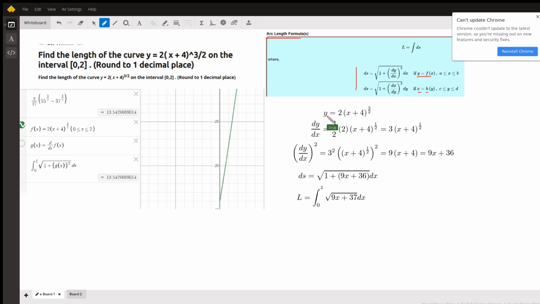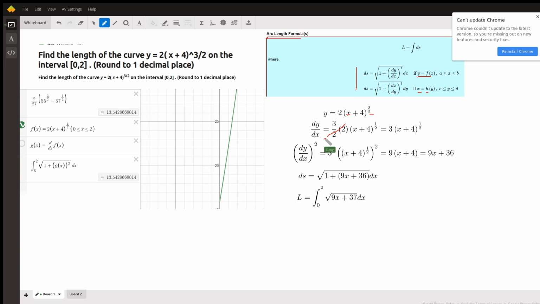So here's y. How do you take the derivative of y? Well, you use the power rule, 3/2 times 2, reduce this exponent by 1, theoretically multiply that by the derivative of the inside, the chain rule, but that would just be a 1. So these two cancel out, and there's the first derivative.